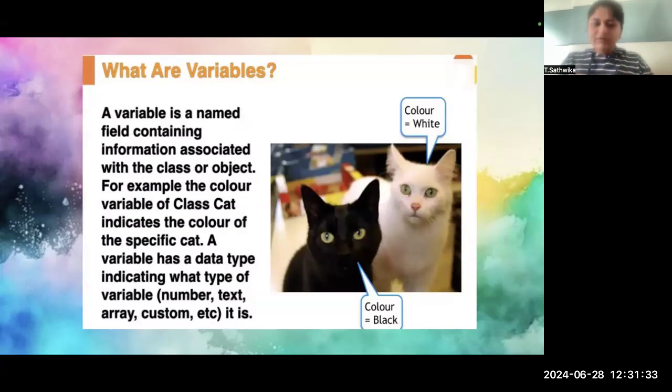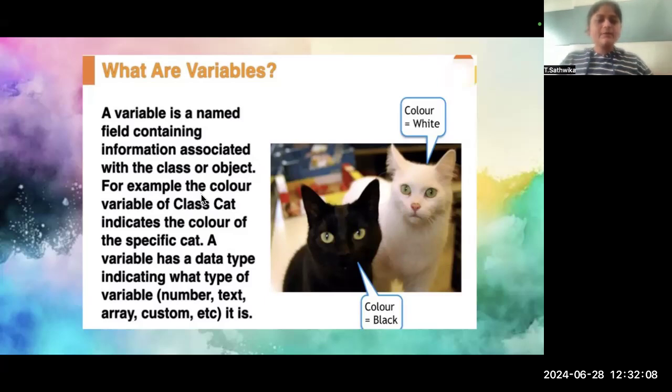Here we have two objects of the class cat, and each cat is different from the other. This one is black, with its own functionality as an object, and this one is white, with another functionality as an object. These variables separate the objects from one another, showing the way they are different from each other.